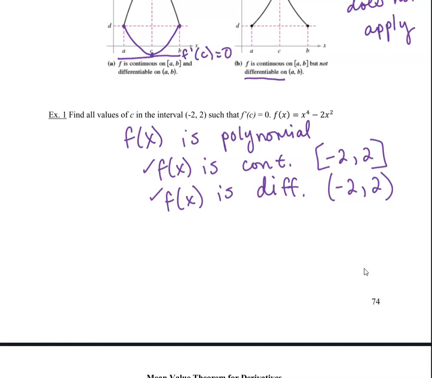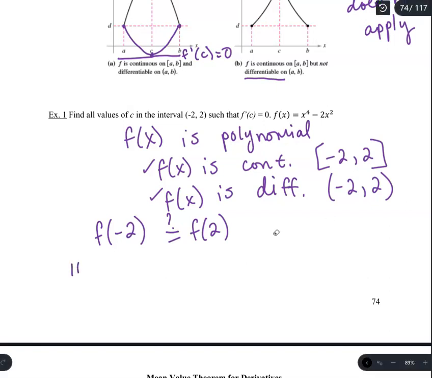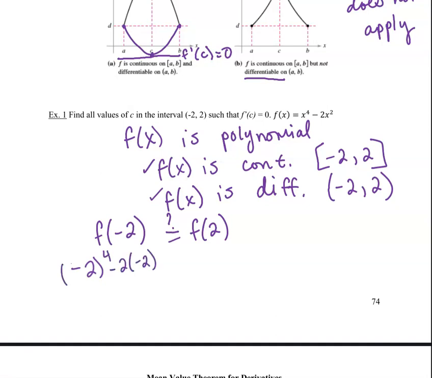The other piece that has to happen is the value at -2 must equal the value at +2, and that's what we need to check. So when we substitute -2 in for x here, we get -2 to the 4th power minus 2 times -2 squared, so that would be 16 minus 8, which gives me 8.